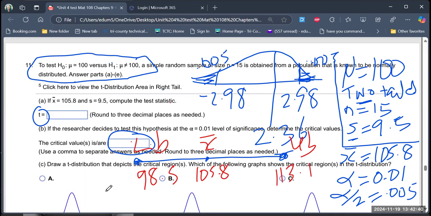Well, guess what? The confidence interval contains the status quo. We accept the null. The confidence interval also accepted the null. Therefore, I'm 99% confident that the mean of the population lies between 98.5 and 113.1.